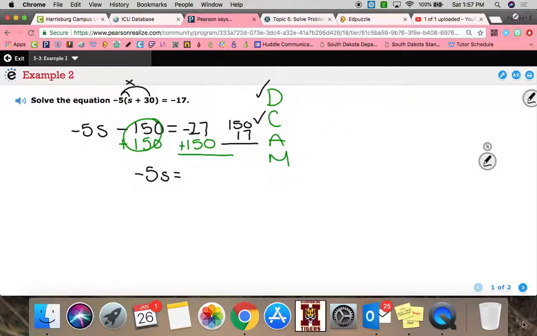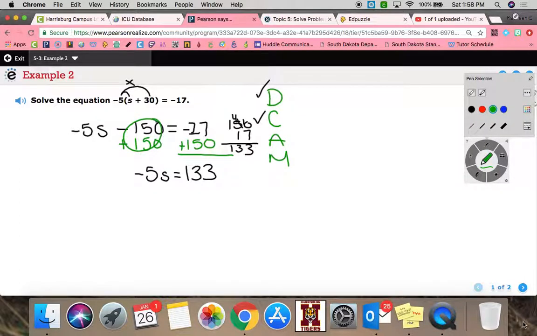So 150 minus 10 would be 140, minus 7 more would be 133, or you can borrow. 10 minus 7 is 3, 4 minus 1 is 3, 1 minus 0 is 1. So we got 133.